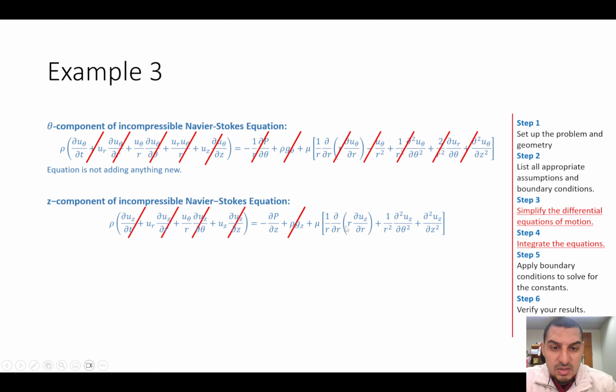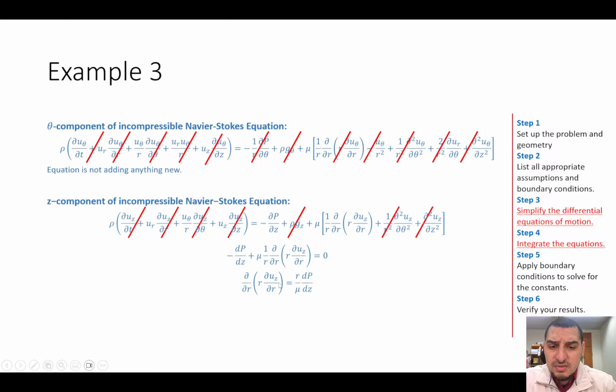This is what we know, and there is nothing that makes us cancel this term. You need to be careful here because, while you're canceling a lot of terms, you might cancel something by mistake. Here uz is not a function of theta, uz is not a function of z, so the only terms left are negative dp by dz and this term.